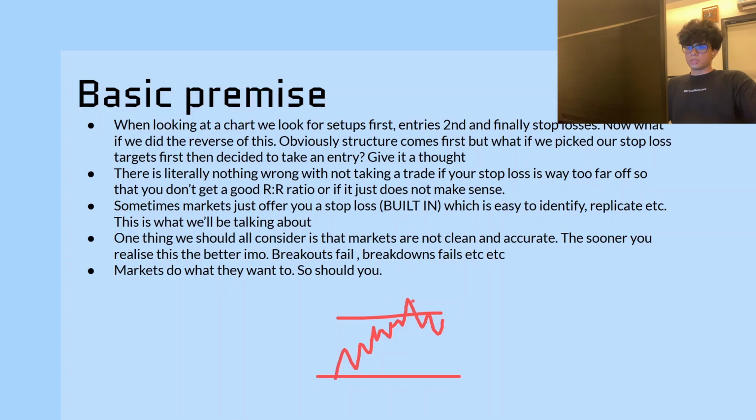So now let's say we put our stop loss somewhere here. So if I put my stop loss here, this gives me a good risk to reward ratio if my target is somewhere here, right? So that's one way you can take a trade, right? Thinking of the stop loss first.